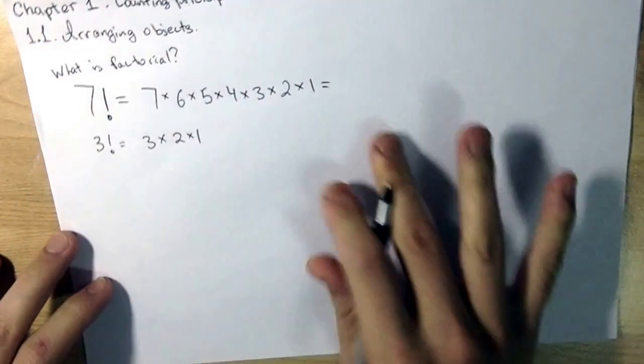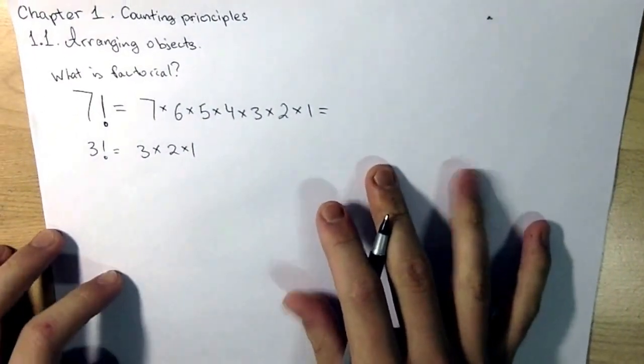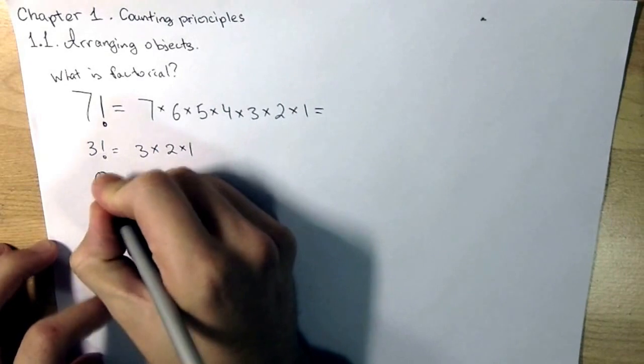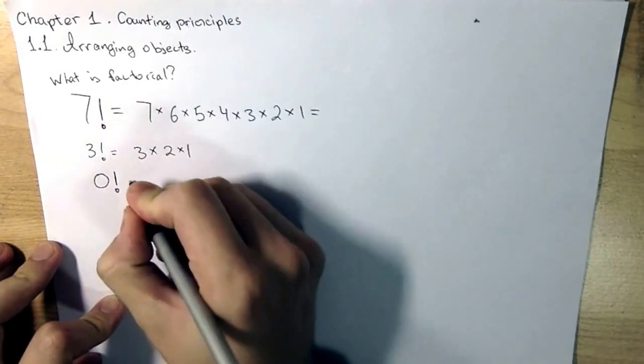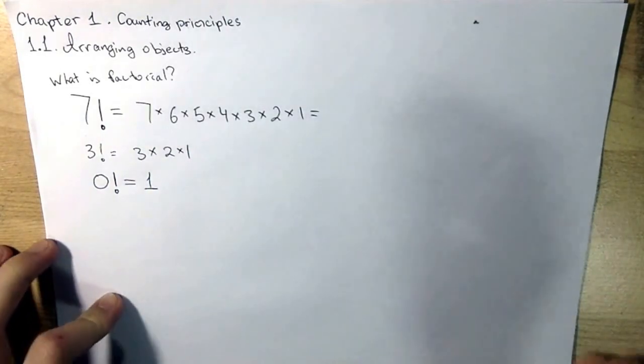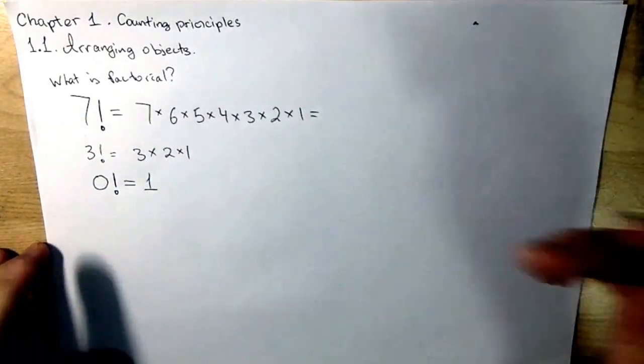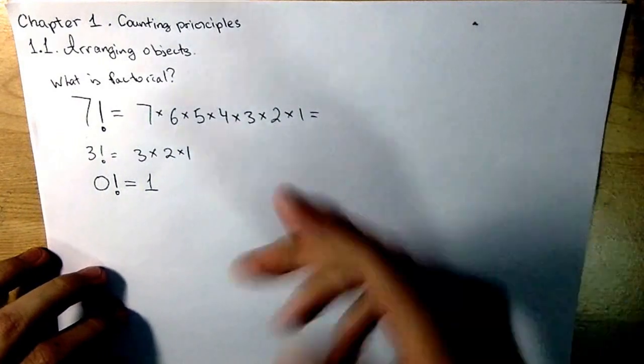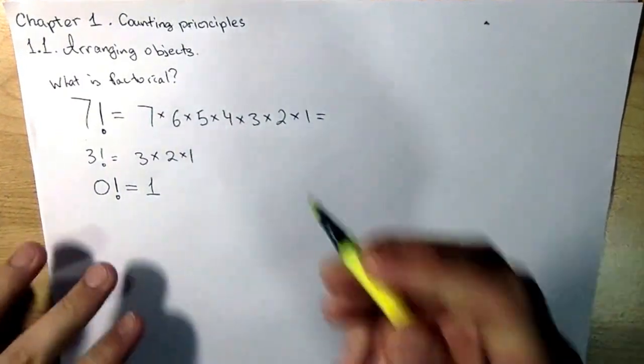And this is a very important thing. You should remember that factorial of 0 is 1. Of course, you think, how come, it's like 0 times 0? How come it can be 1? But it's 1.